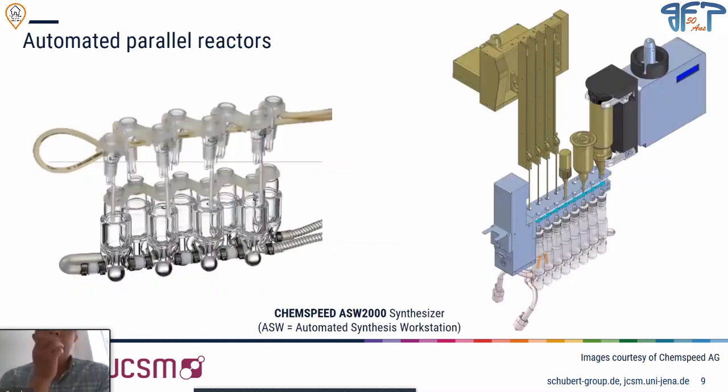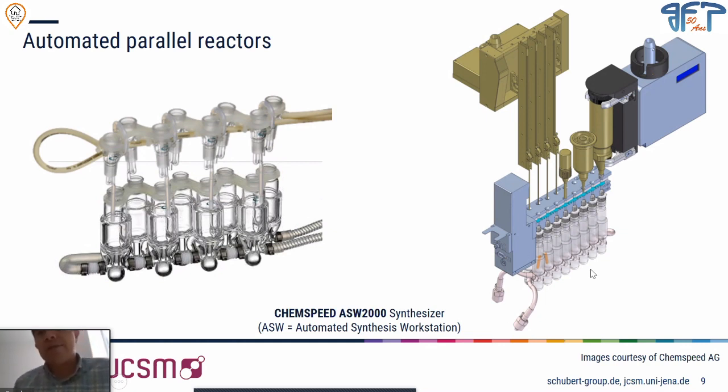I will tell you a bit more about the reactors that are available, the ones we currently have in our labs here in Jena, and the ones I'm most familiar with. Most of my research we perform in these kinds of vessels. As you can see in the pictures or diagrams, it is an array of different reactors. On the left side, you can see up to 8 reactors, so you can set up reactions of 20 milliliters.